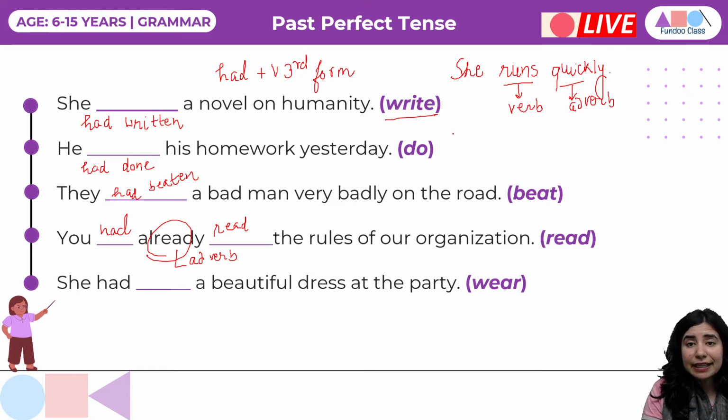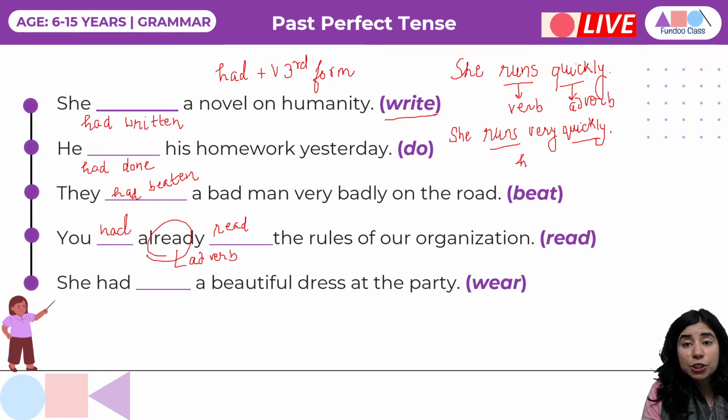Now I'll slightly tweak the statement and I'll make it like this. She runs very quickly. Okay, so in this case, runs is again the verb, quickly is again the adverb. And now, how quickly is she running? She is running very quickly.